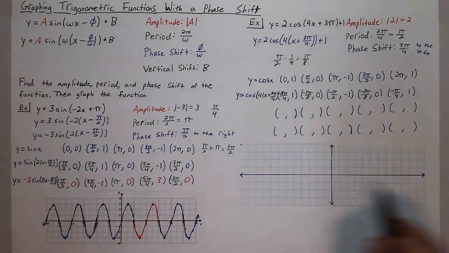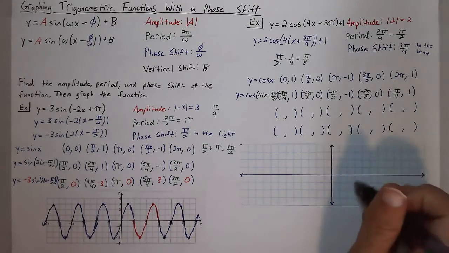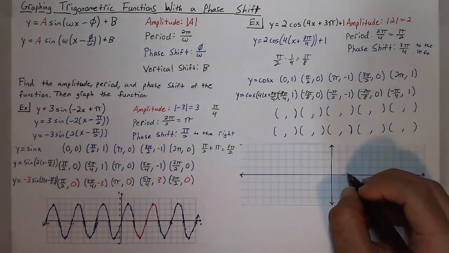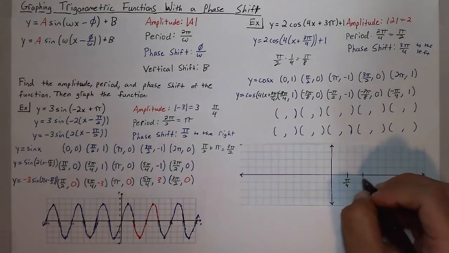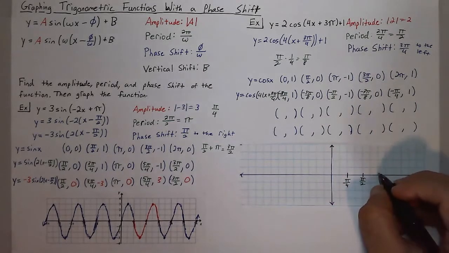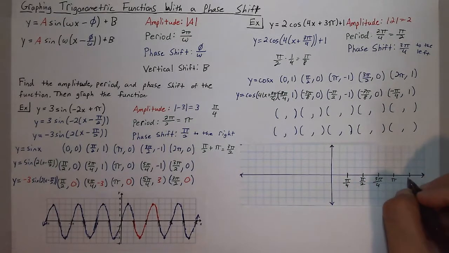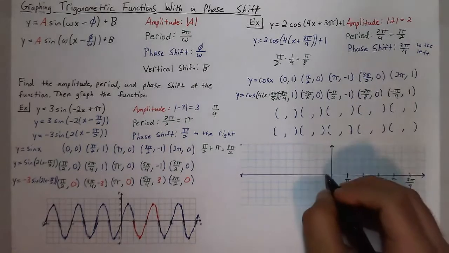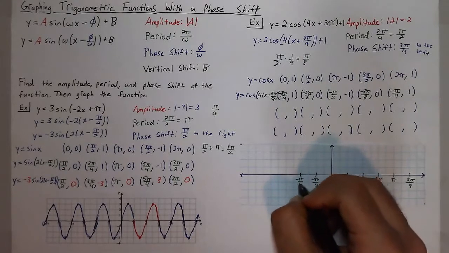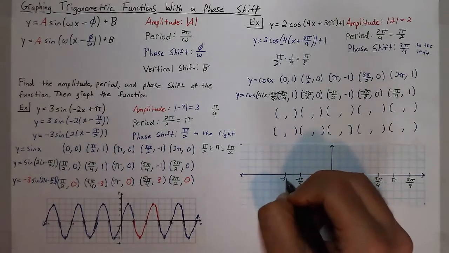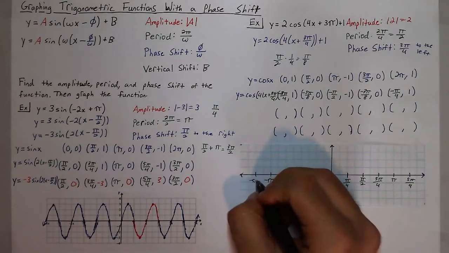So on my graph down here, I left it blank for the instant because I couldn't tell right away where I was going to have to put all my tick marks, but I'm going to put them every pi over 8. So if I skip 2, that'll be pi over 4, then pi over 2, 3 pi over 4, pi, 5 pi over 4, and going backwards, -pi over 4, -pi over 2, -3 pi over 4, -pi, and -5 pi over 4.